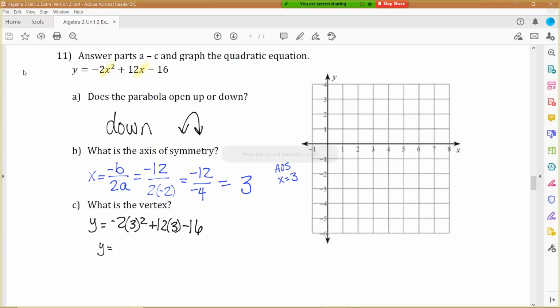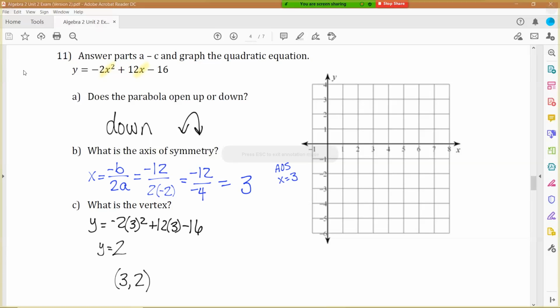So I would type all that in my calculator. Careful with that negative out front. Make sure you use your parentheses as needed. So you should get a y value of 2. That tells us that the vertex is at the ordered pair 3, 2.